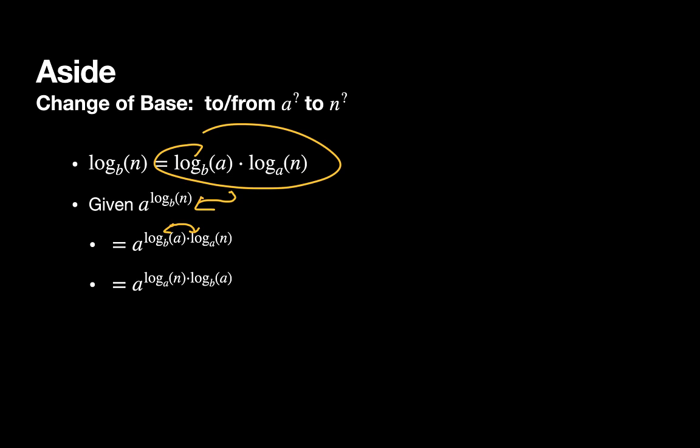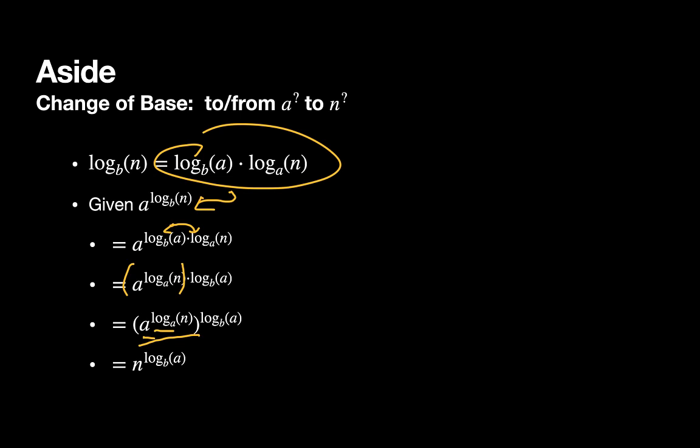Okay, so once I've got that, I can change the grouping a little bit using my laws of exponents, and say a to the log base a of n, to the power of log base b of a. Then I can simplify this because logs and exponents are complementary functions, inverses.